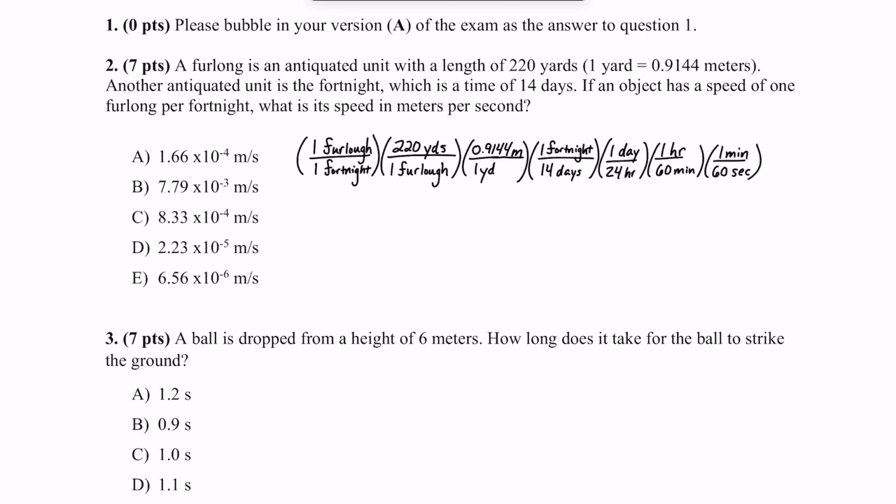We can see how all of the units, except for meters per second, cancel out. And if we were to multiply across all the numbers on top and divide by the product of all the numbers on the bottom, we would get 1.66 times 10 to the negative 4 meters per second, which is answer A.